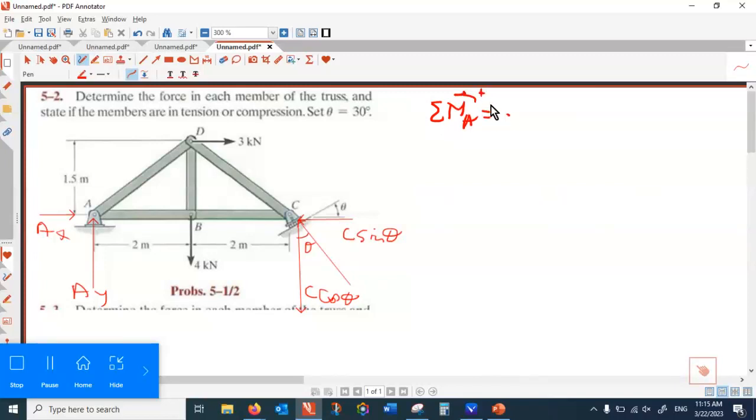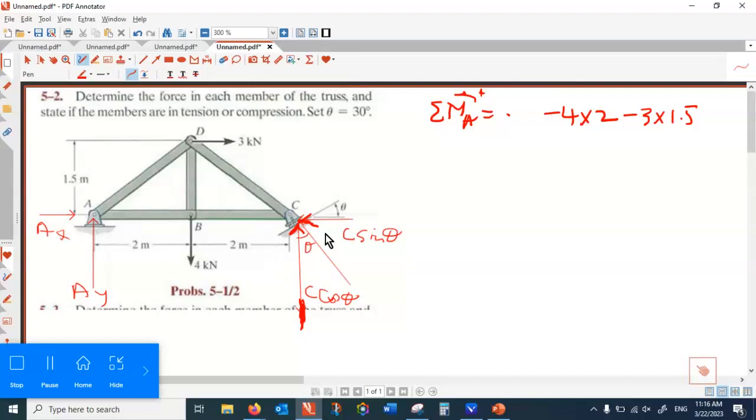And positive direction is counterclockwise. That is 4 kilonewton is a negative rotation, minus 4 times 2. 3 kilonewton is a negative rotation, that is minus 3 times 1.5. These are the directions of the arrows.